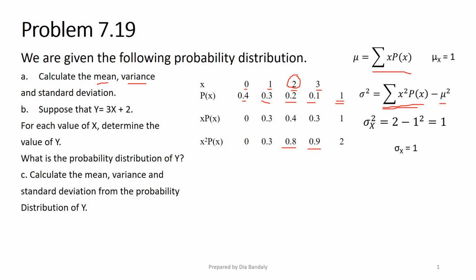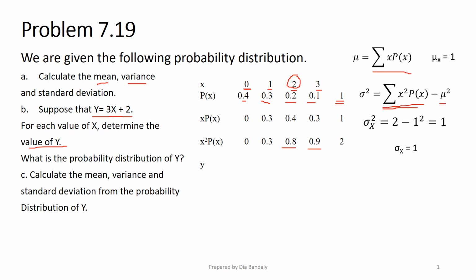All right, now part B, we are given that y is equal to 3x plus 2. The first part: for each value of x, determine the value of y. So how to do it? Let's first add this row, y. Y is 3x plus 2. When x is 0, what would be y?